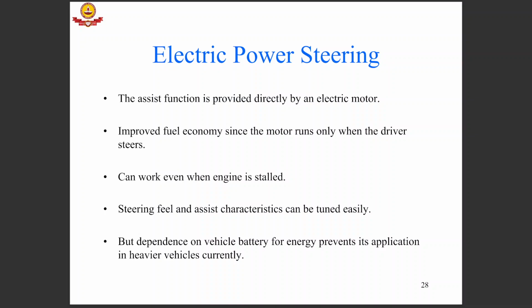Now let's take a look at electric power steering. In electric power steering, the assist is provided directly by an electric motor. It has improved fuel economy since the motor runs only when the driver is steering the wheel, and it can work even when the engine is stalled by taking power from the battery.